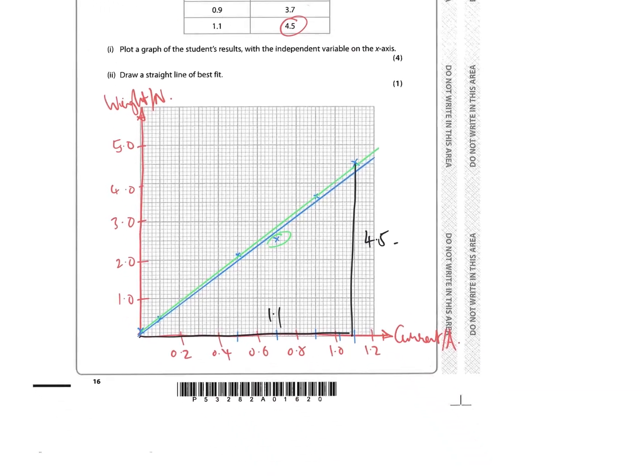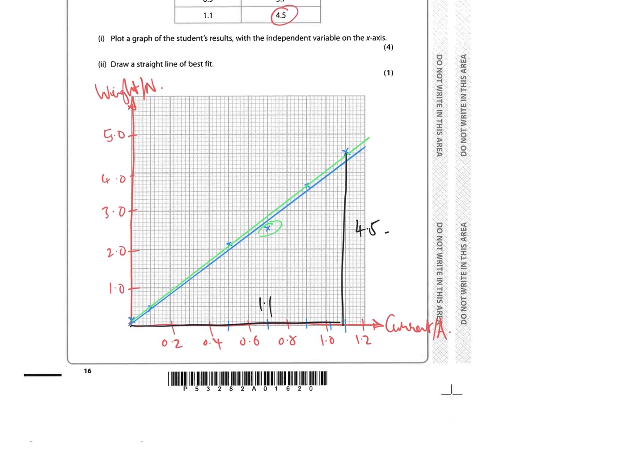My gradient equals rise over the run, which is 4.5 over 1.1. When I plug that into my calculator, it gives me 4.09.